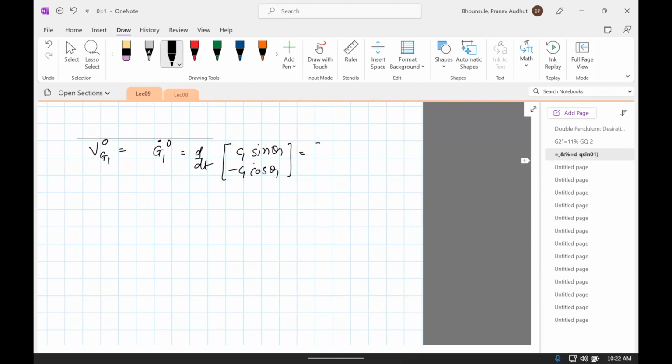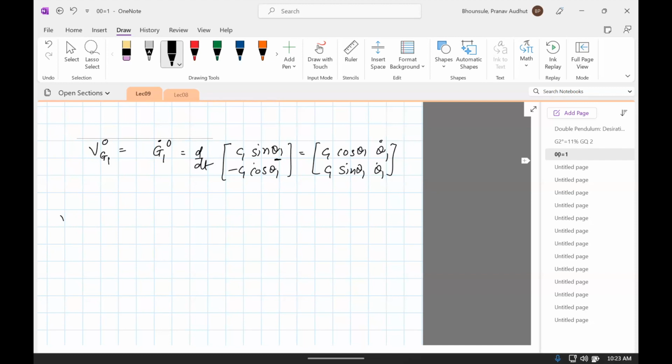So the derivative comes out to be C1 cosine theta 1 minus C1, so minus of minus is positive. I forgot something here: theta 1 dot, right? So it's the derivative of theta 1 with respect to time. And then we have C1, derivative of cosine is negative sine, so sine theta 1 times theta 1 dot.